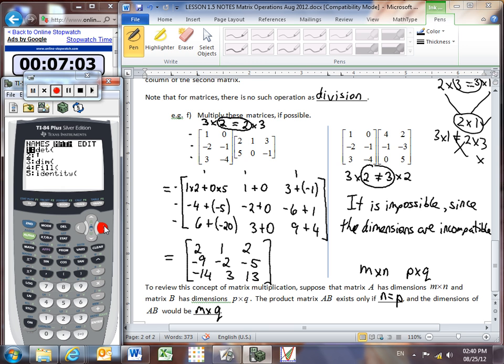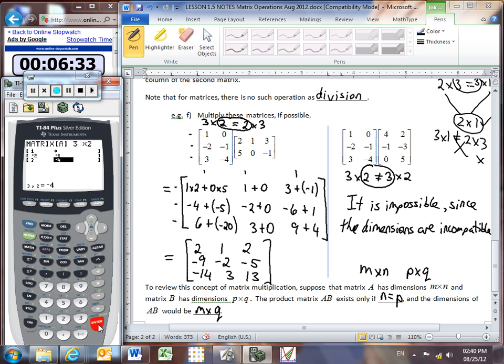So I'm going to edit a matrix I will name A. Enter, and we know it has 3 rows and 2 columns. And you can see the structure of our matrix has been prepared. Now our entries are respectively 1, 0, negative 2, negative 1, 3, negative 4.